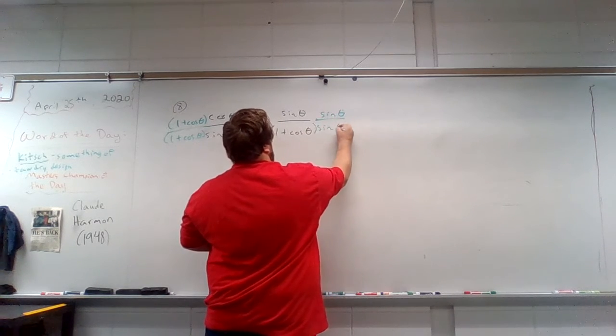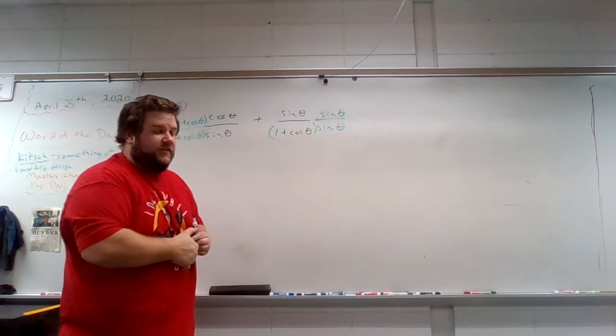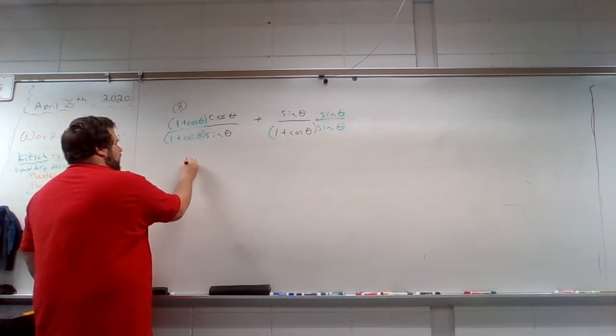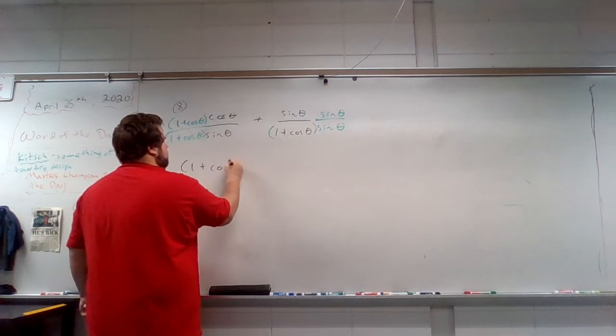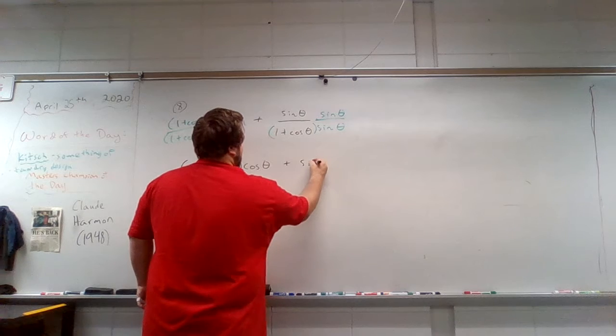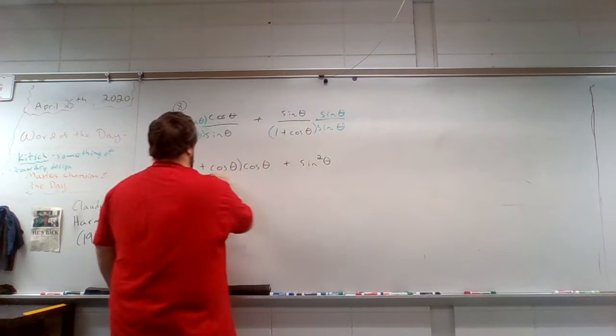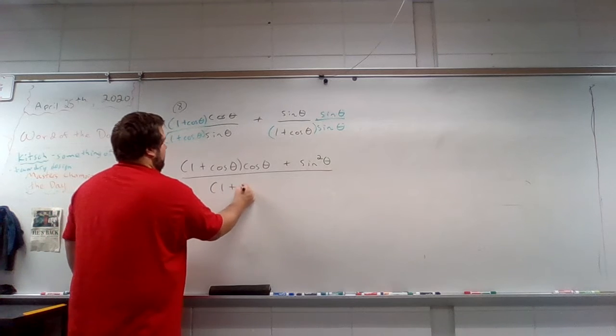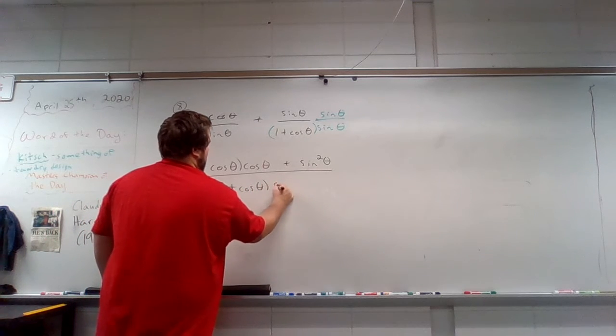And now I've got a common denominator, and I can add those fractions. So let me just write out what we would have, okay? So we've got 1 plus cosine times cosine plus sine squared, and then over 1 plus cosine times sine.